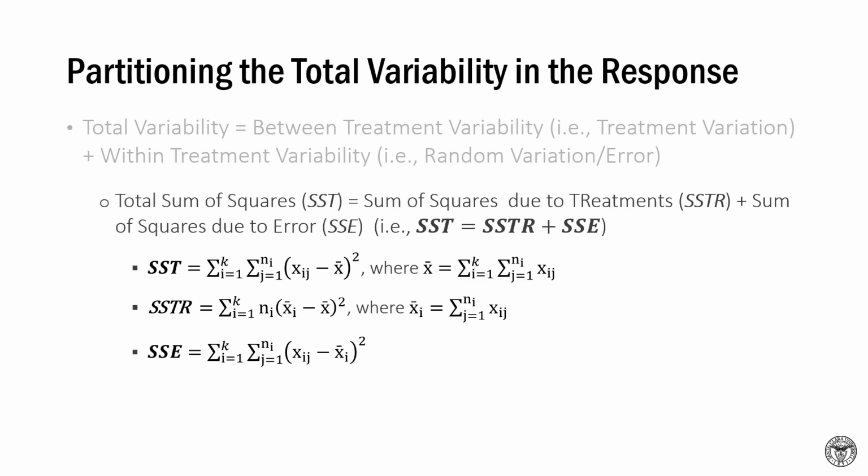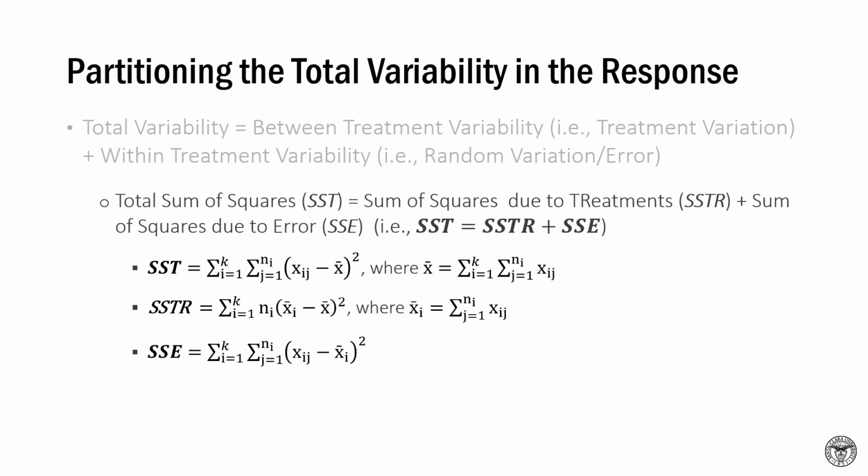With the entire data set as one sample, the formula for computing SST is given by summing the squared differences between each value and the overall mean.